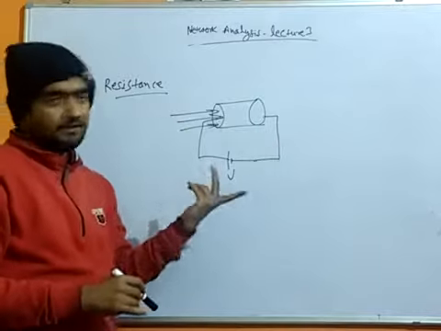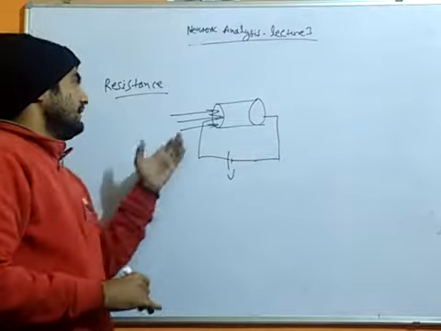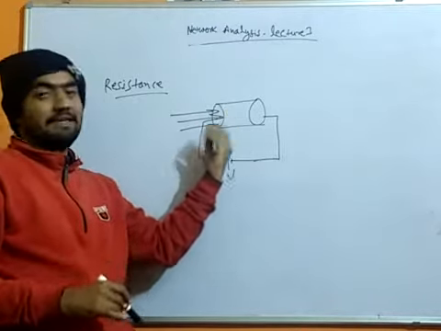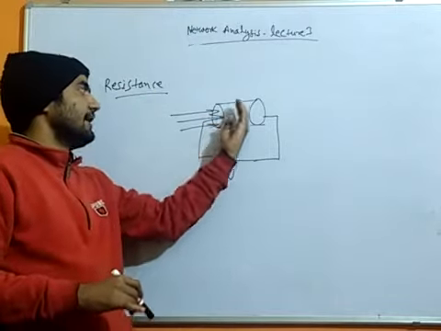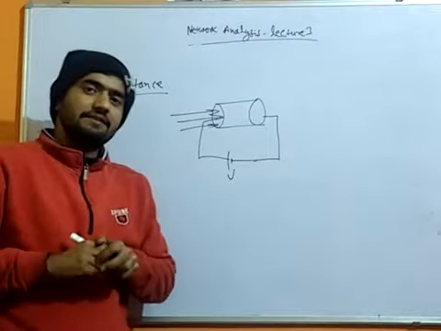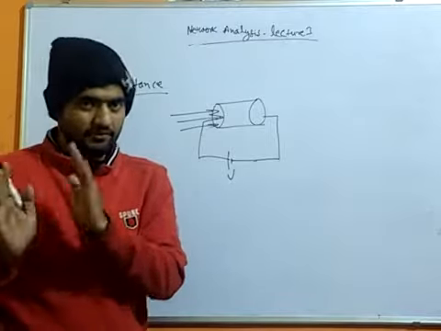Now there will be a resistance to that flow of current. So here we learn that resistance is the property that opposes the flow of current.